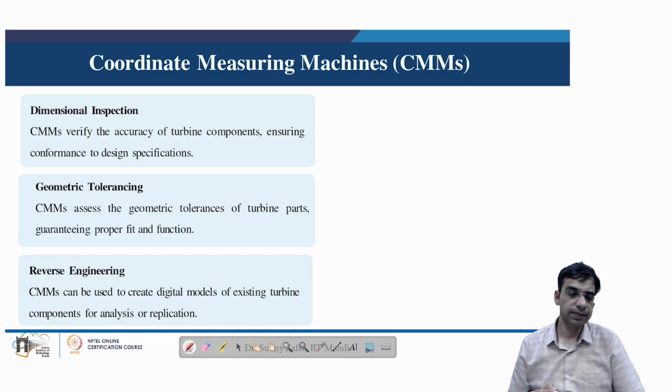So dimensional inspection can be carried out using CMMs to verify the accuracy of the turbine components, ensuring conformance to the design specifications. Geometric tolerancing can also be done to guarantee proper fit and function of various parts of the turbine. Reverse engineering concepts can also be used to create digital models of existing turbine components for analysis and replication.